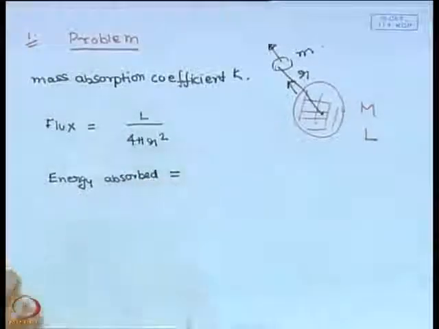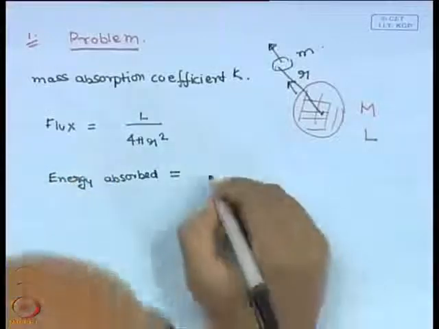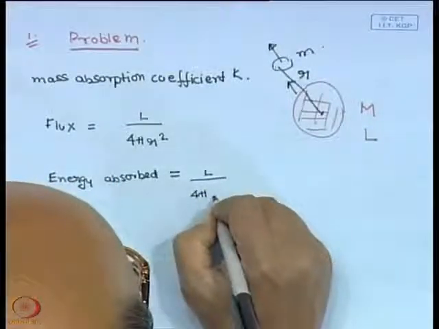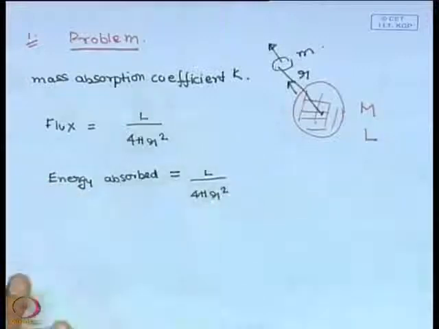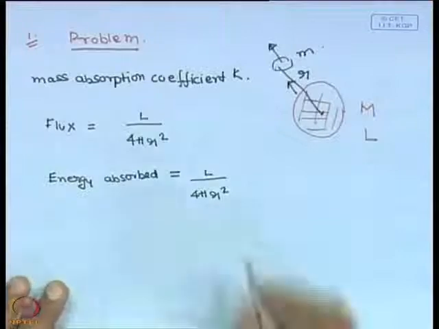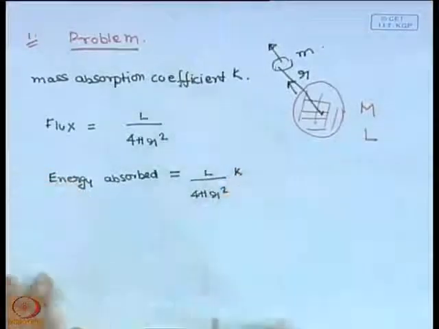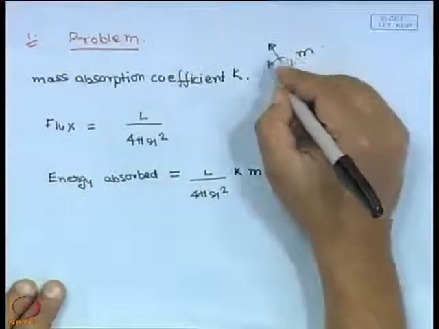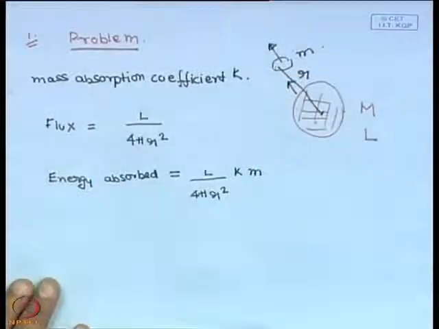Not all of this energy is going to be absorbed. It is this flux, L by 4 pi r squared, times the mass absorption coefficient kappa times m, the mass of this gas cloud, which is going to be absorbed per unit time.